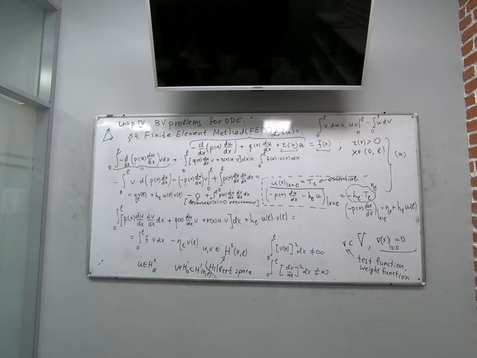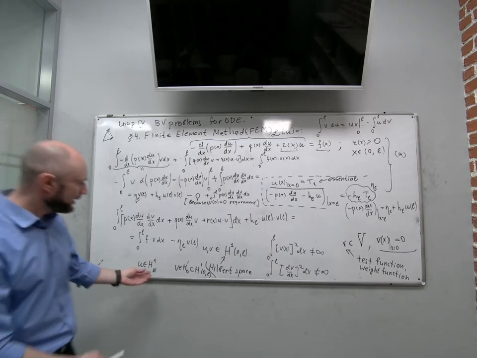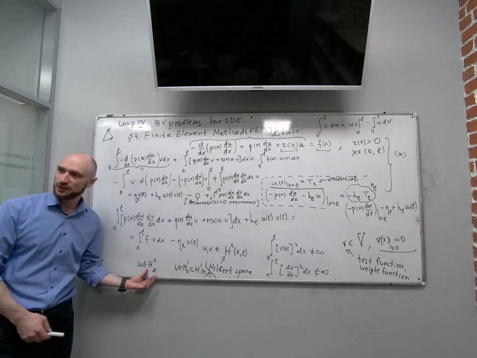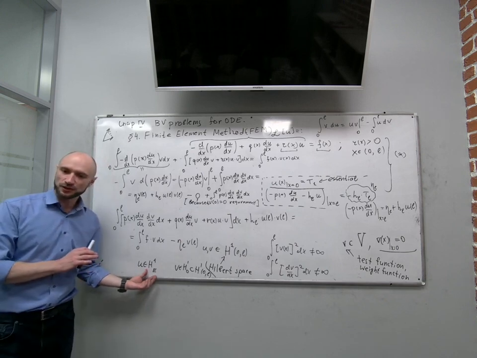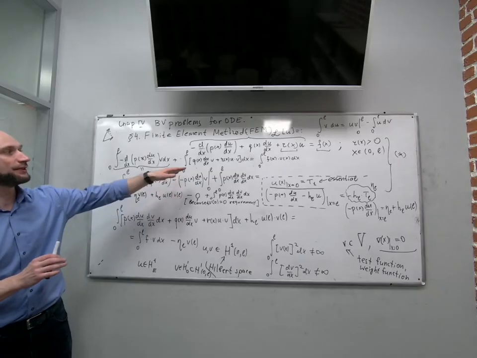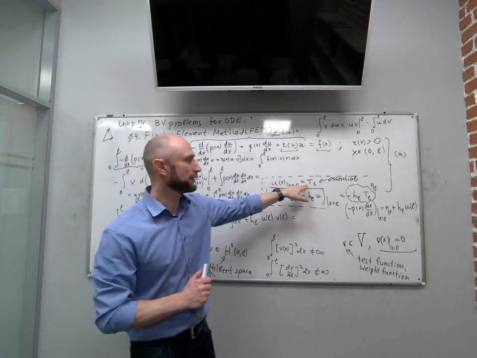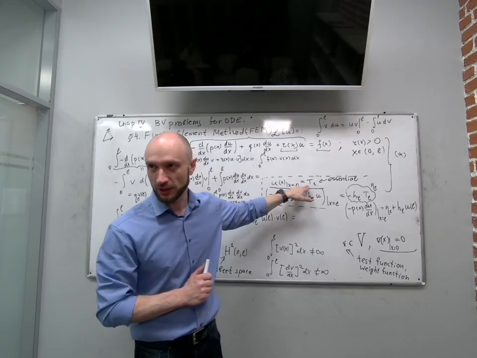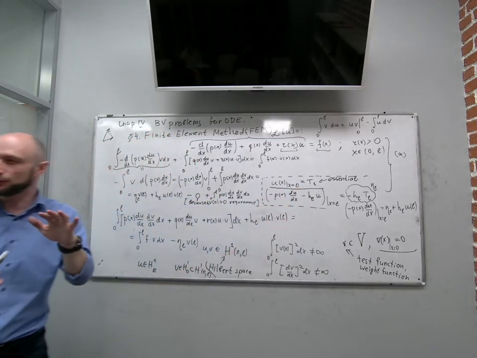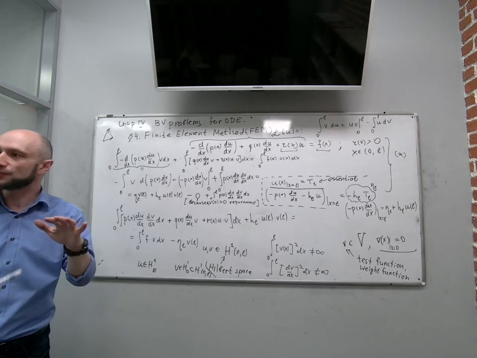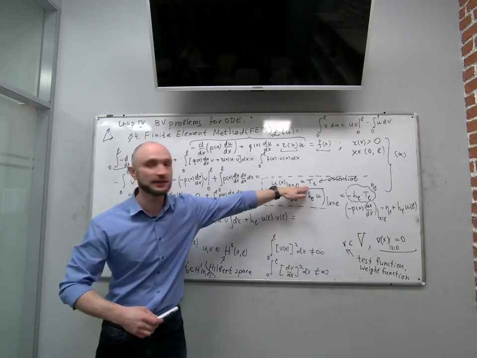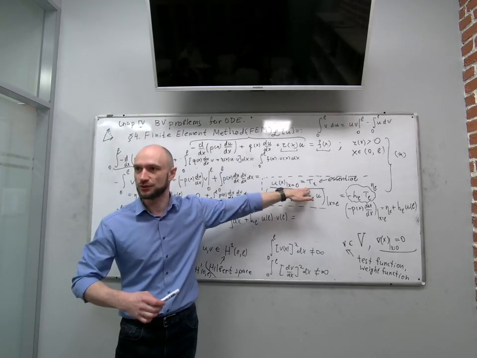So it means that in the space there are functions with this condition. If I take any function from this space, this function may not be the solution of my equation, but I will be sure that it satisfies this condition. Okay, so I will be looking for solutions only among those functions that readily satisfy this condition.